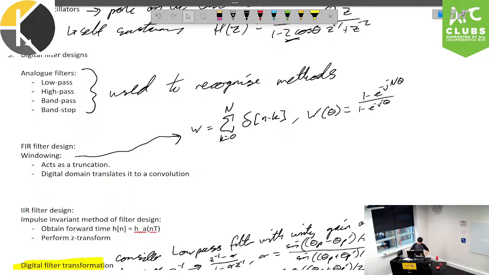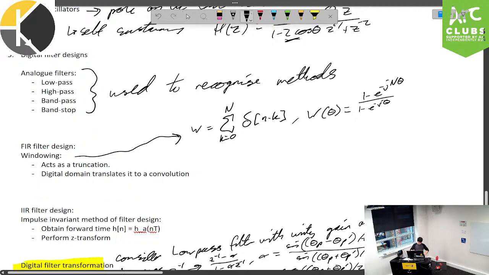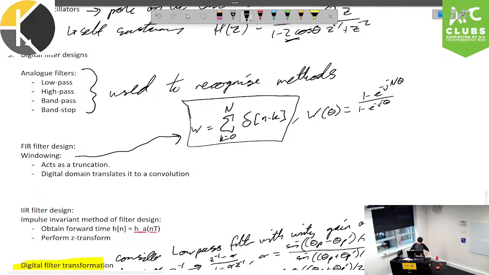And so let's think about FIR filters first. The method we're going to consider just this time, instead of listing through all of the possible ones, will be the windowing action. And it acts as a manner of truncation from an IIR filter. So windowing, typically, you would go ahead and you would just define it as a sequence of impulses and then multiply that with whatever signal or filter you're dealing with. Okay?